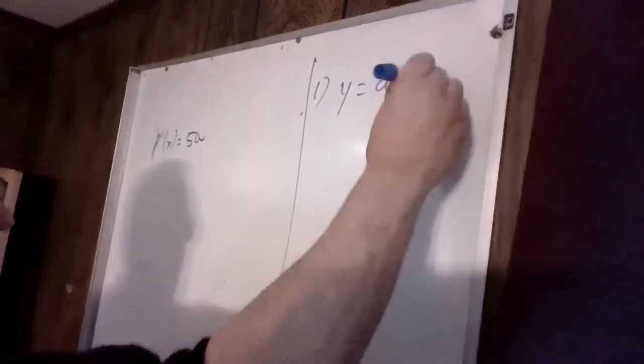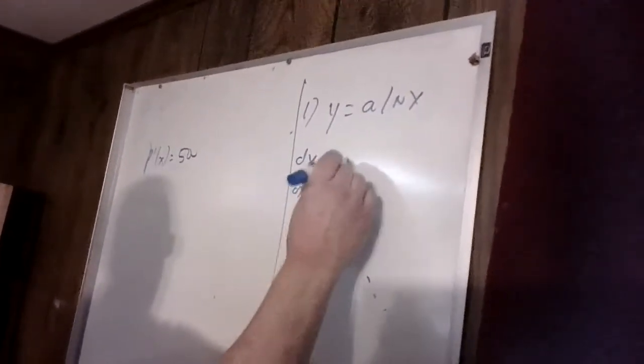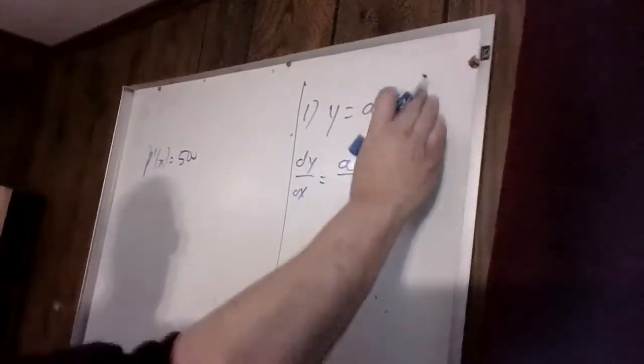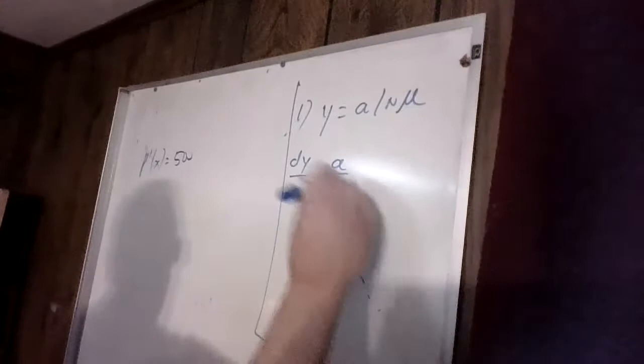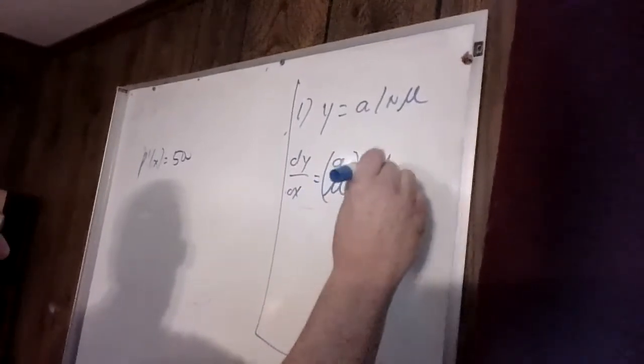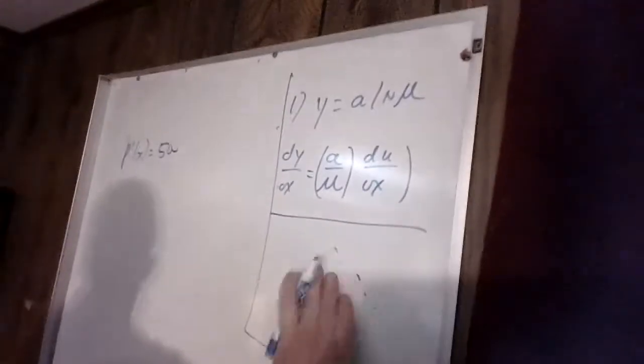And we have to look at the log rules. Put it on the side here. So one, if y equals a natural log of u, then dy dx is going to equal a over u du dx. That's the log formula.